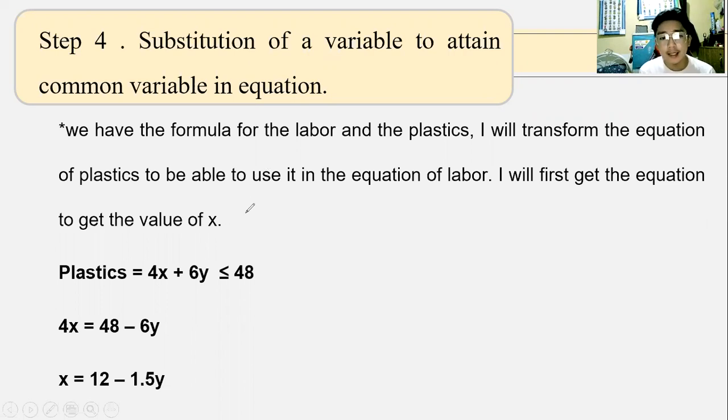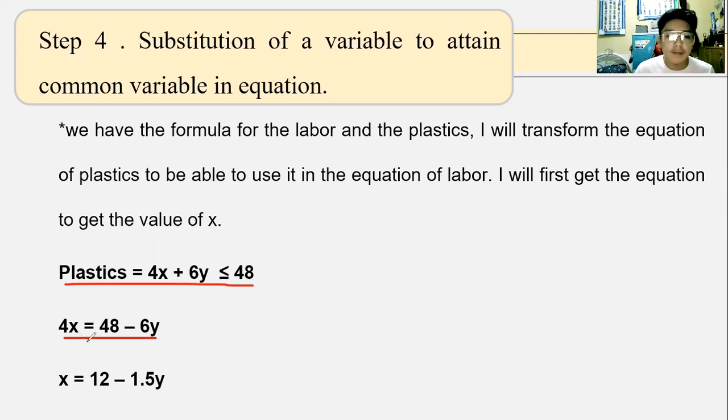As I have said, we have the equations for the two constraints, the plastics and the labor. First, we're going to utilize the equation of plastics: 4x plus 6y is less than or equal to 48. Just copy that one, and then we make it so that x and y would have the same value.